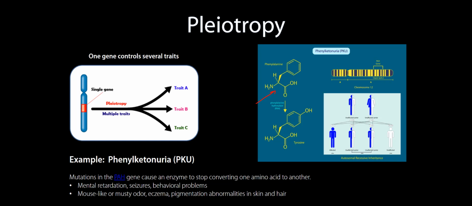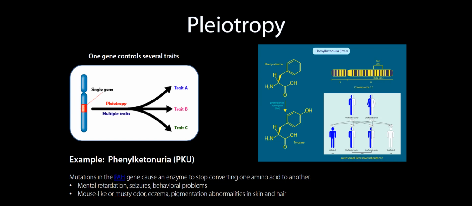Otherwise, if they're exposed to phenylalanine especially during early childhood, they get all sorts of problems, including mental retardation, seizures, behavioral problems. And what's most interesting is this musty or mouse-like odor, and that's due to the buildup of phenylalanine on their skin. So they actually have a certain smell to them. They also have other skin problems like eczema and pigmentation abnormalities.